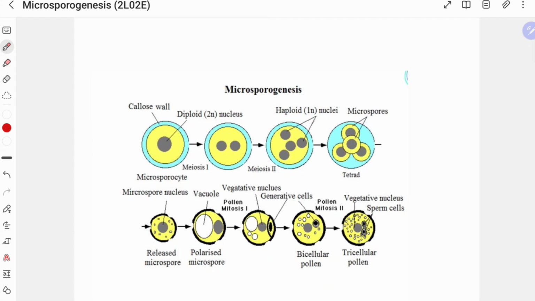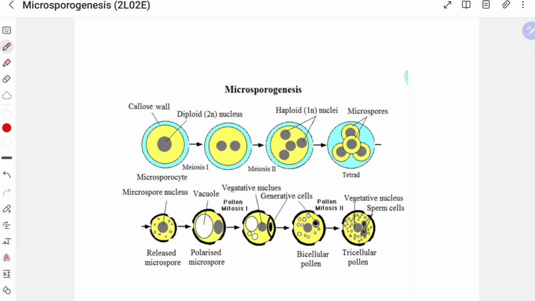Just see the microsporocyte, then meiosis first, where one nucleus divides into two nuclei, then meiosis second gives four nuclei. These are haploid nuclei, and they form microspores, the tetrads, because the number is four. Next are the released microspores, which have vacuoles and a vegetative nucleus.